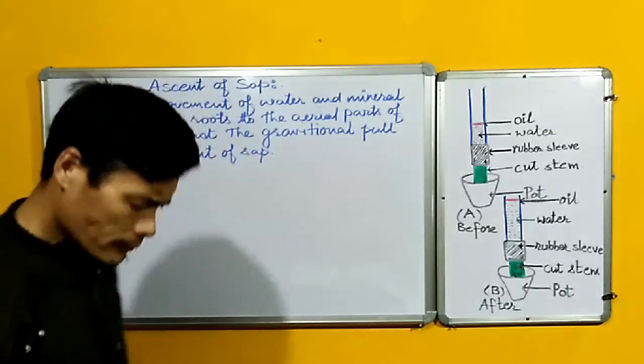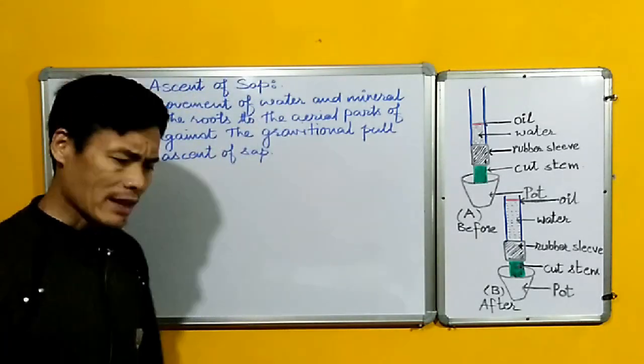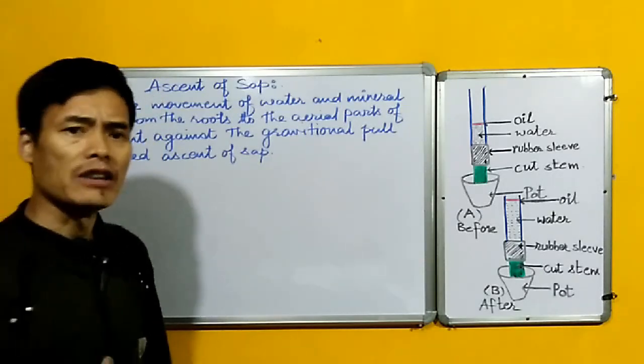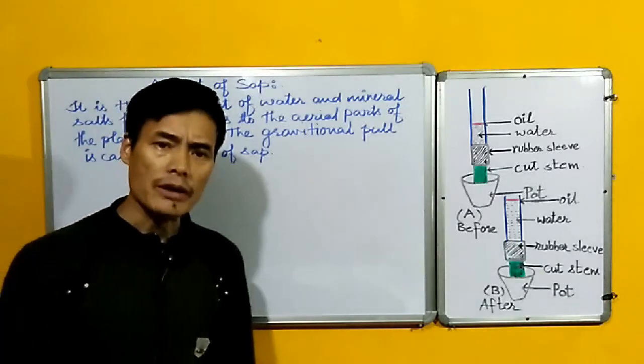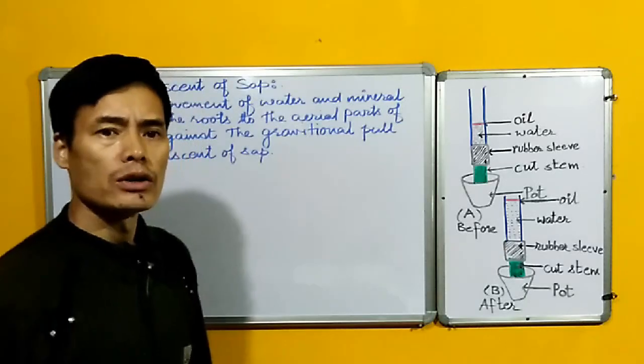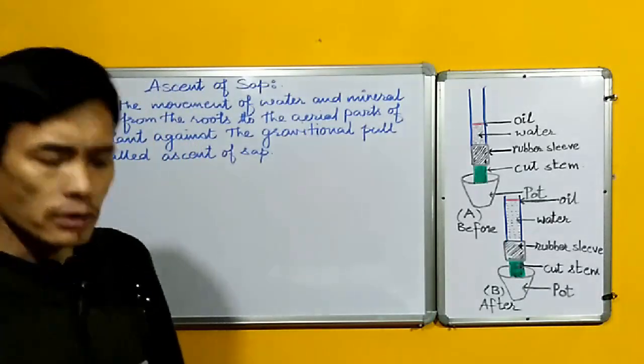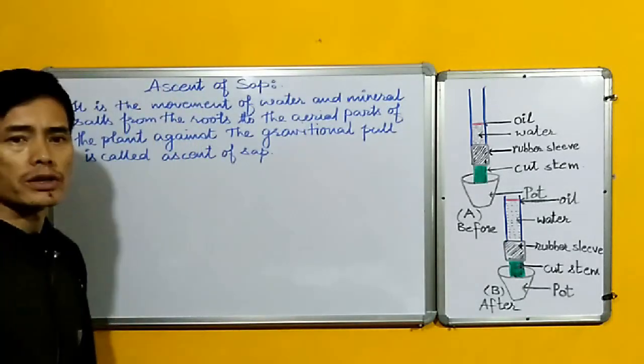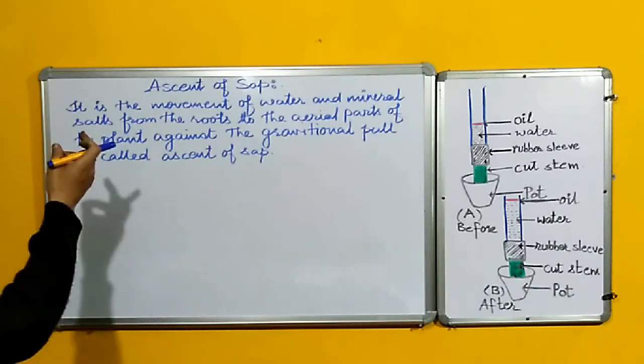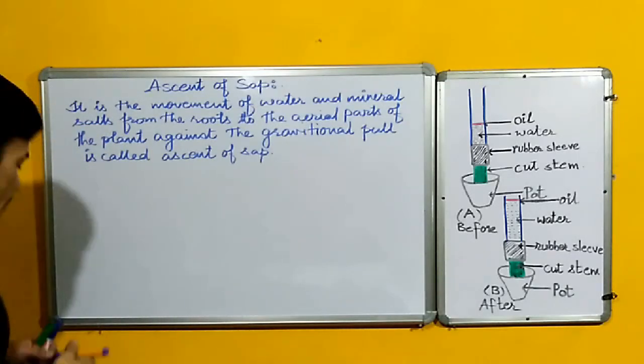So these theories explain that there are a lot of forces involved in pushing water and minerals from the roots to the shoot system. So let us see what are these forces that are involved in the ascent of sap.